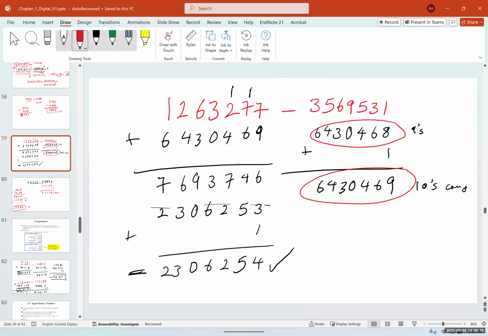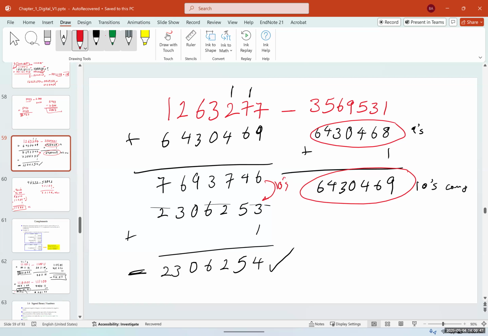So when we add the first number and the complement of the second number, we get 693,746, which, again, has no end carry, so this is not going to be our answer. We have to find the twos complement for this. I'm sorry, the tens complement.